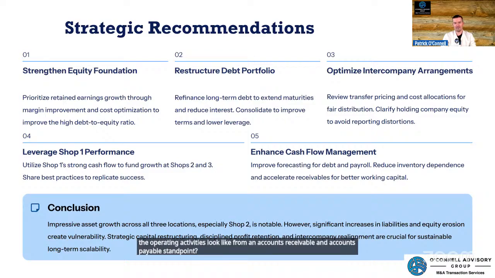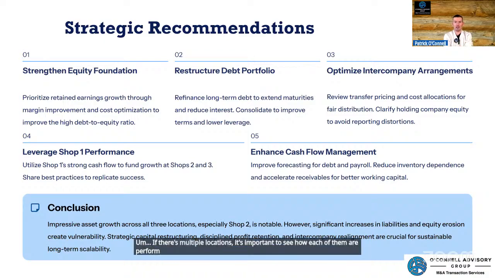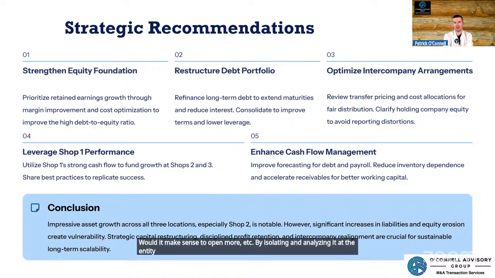If there are multiple locations, it's important to see how each of them is performing independently, and whether it makes sense, with three locations currently, to open more. By isolating and analyzing at the entity level, whether it's one entity or multiple, it gives you a clearer understanding of the health of the balance sheet and the business that supports it.